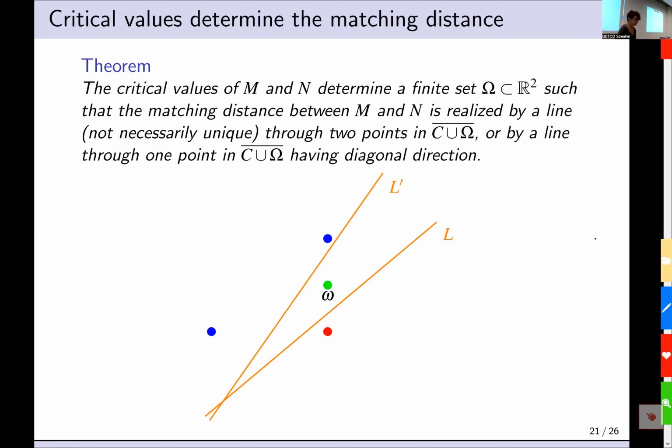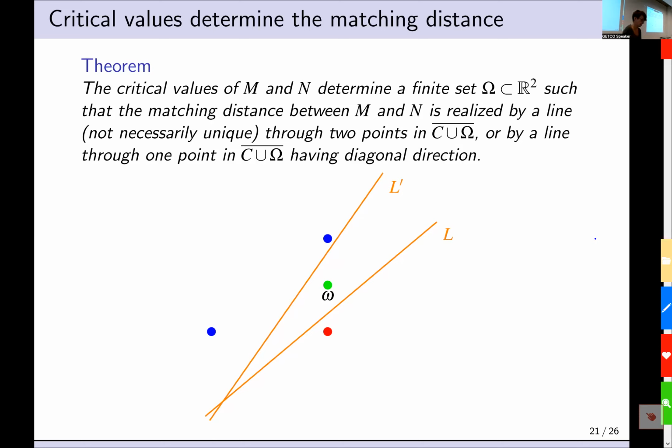And so from this, we can show that the matching distance is determined only by lines through two points in this extended set, the closure of C union omega, or lines through one of these points but having diagonal direction.